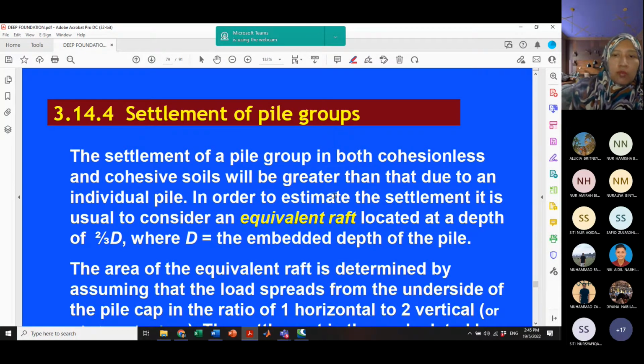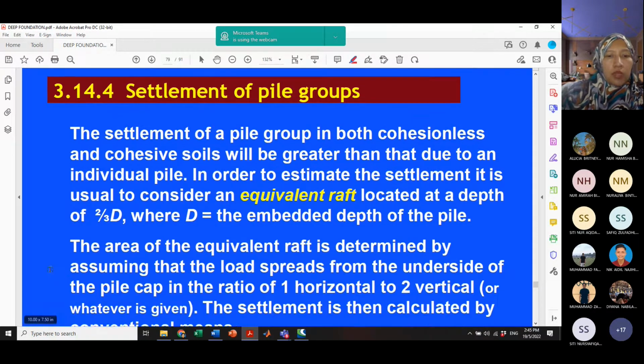In order to estimate the settlement, it is usual to consider an equivalent raft located at the depth of 2/3 D, where D is the embedded depth of the pile. So the calculations just now show you how to estimate the Q equivalent first, before we can have the next calculation on the settlement value itself.